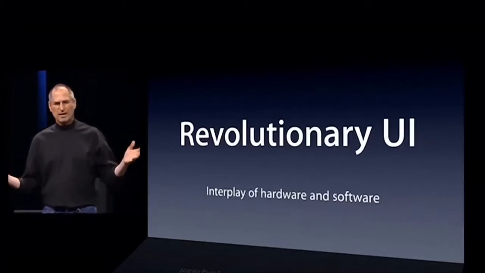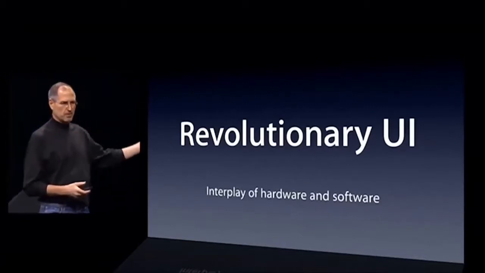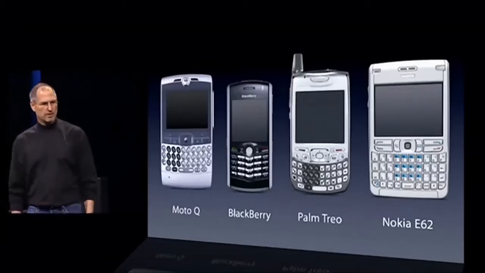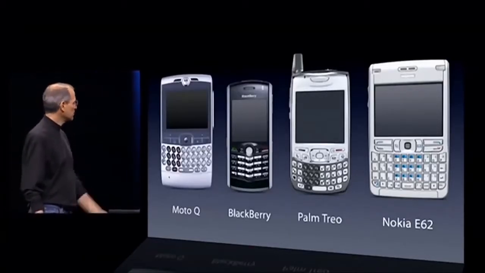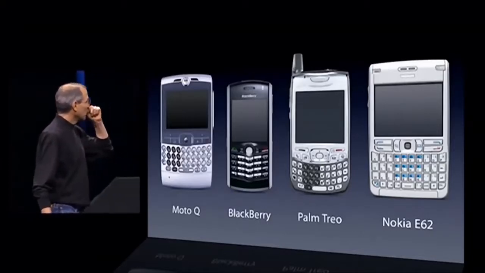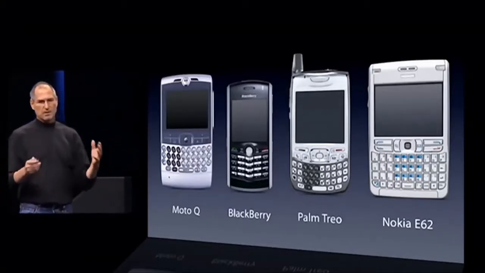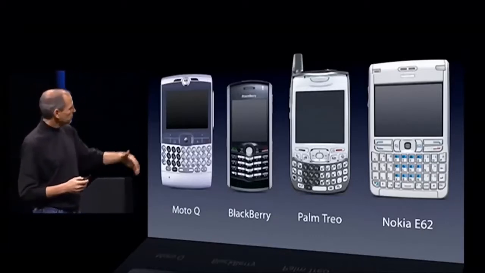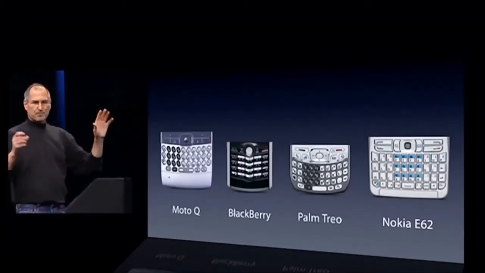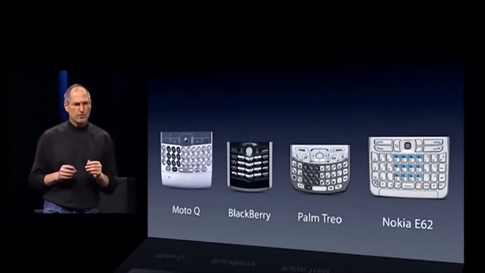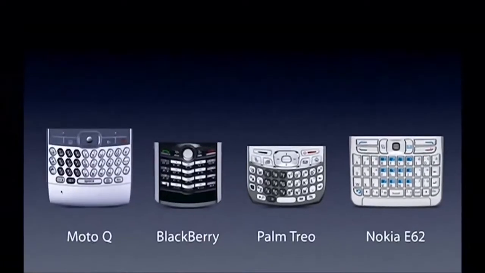Now, why do we need a revolutionary user interface? I mean, here's 4 smartphones, right? Motorola Q, the BlackBerry, Palm Treo, Nokia E62, the usual suspects. And what's wrong with their user interfaces? Well, the problem with them is really sort of in the bottom 40 there. It's this stuff right here. They all have these keyboards that are there whether you need them or not to be there. And they all have these control buttons that are fixed in plastic and are the same for every application.